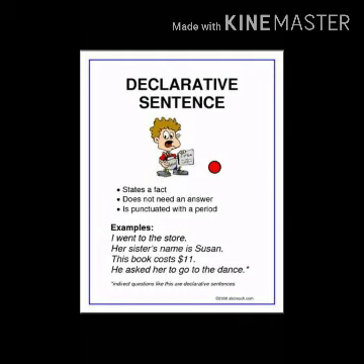If you read a sentence and come to know about something, that is a declarative sentence. For example, I went to the store. Her sister's name is Suzanne. The book costs $11. These kind of sentences begin with a capital letter and end with a full stop.